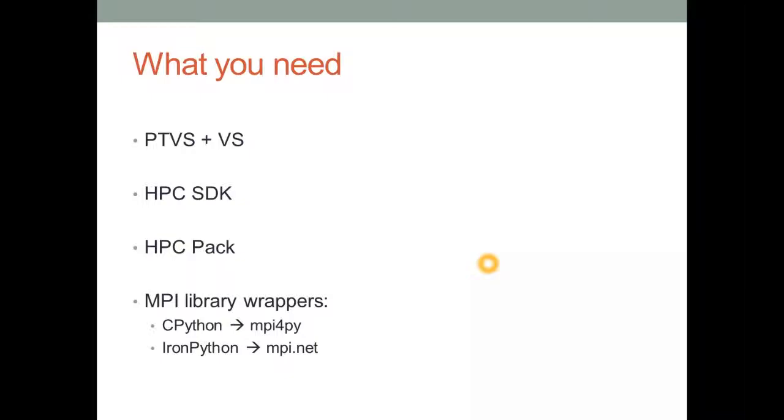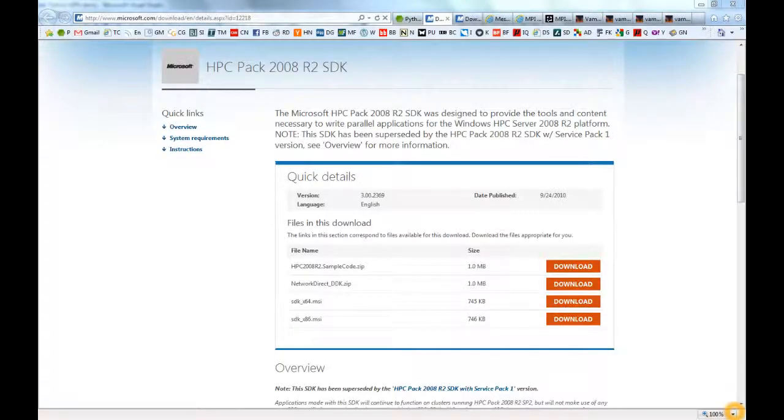So let's get started. Let's download the HPC Pack SDK. This provides you with the MPI library and the headers and a few other goodies. Make sure, by the way, you choose the right one, 64-bit or x86.